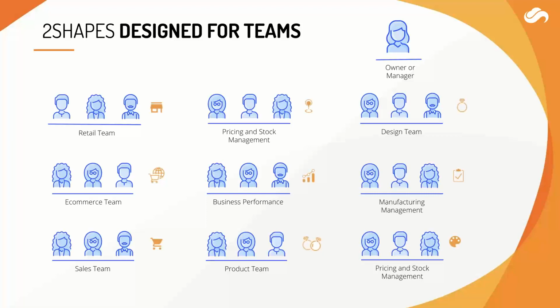Another interesting thing is 2Shapes is born for design in teams. It's designed for working teams. In other words, we can have some people working only in the store, other people just working on manufacturing, other people just working on design, the sales team, and we can define different roles for everybody.